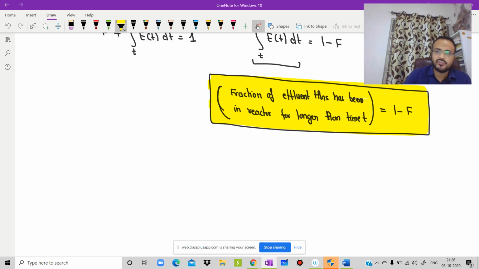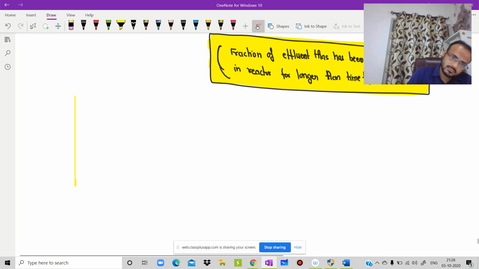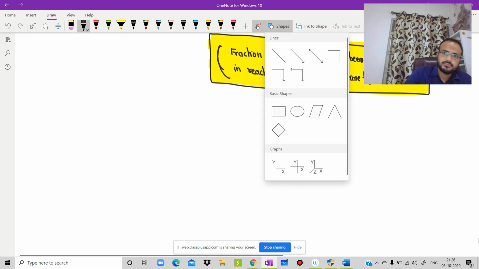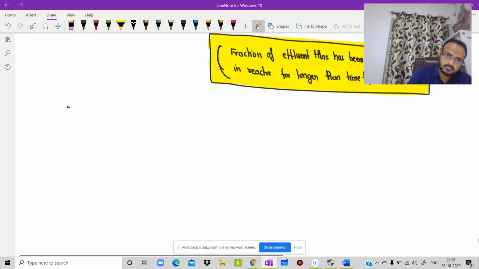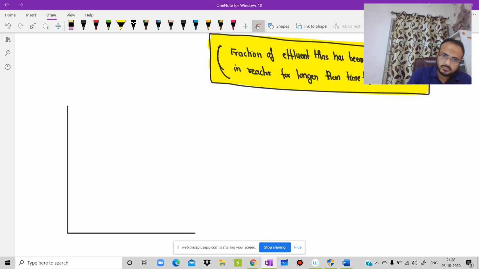If we draw the F curve, this curve looks like the C curve, because again it is also a fraction and the value of a fraction can never exceed unity.